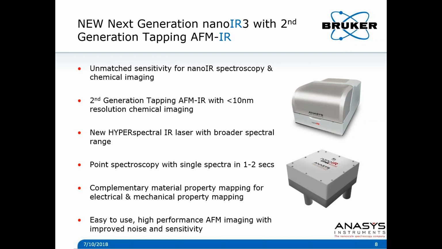It also provides point spectroscopy, and each spectrum can take 1 to 2 seconds. In the previous generation, it was 10 to 20 seconds for a spectrum, so an order of magnitude improvement in spectroscopy. And then we've retained the complementary material property mapping for electrical, mechanical, etc. And as mentioned, our new AFM system enables us to generate improved high performance images while maintaining the Nano IR ease of use.